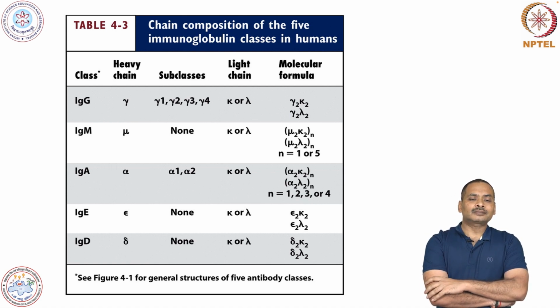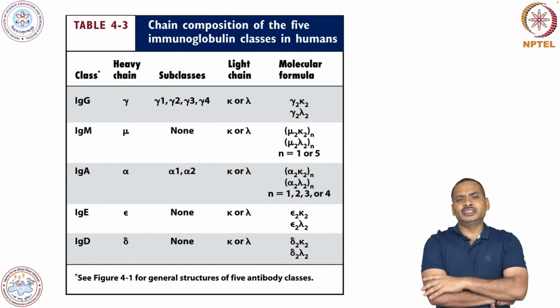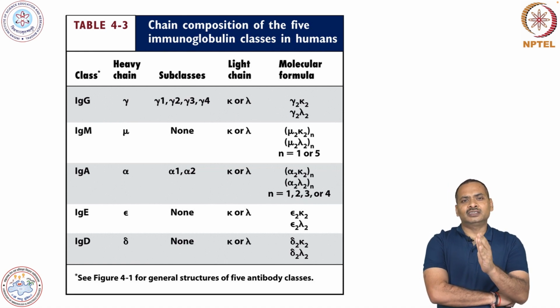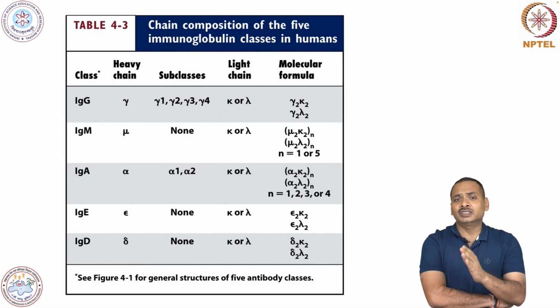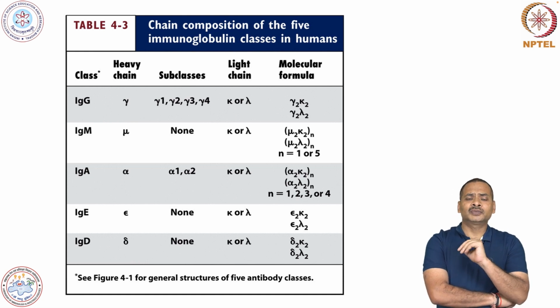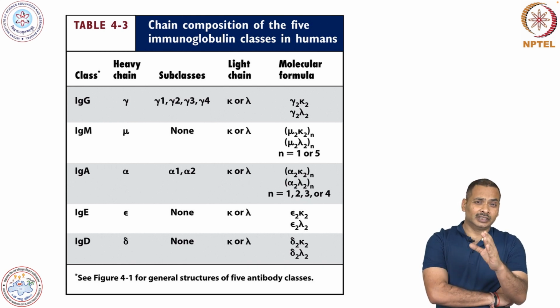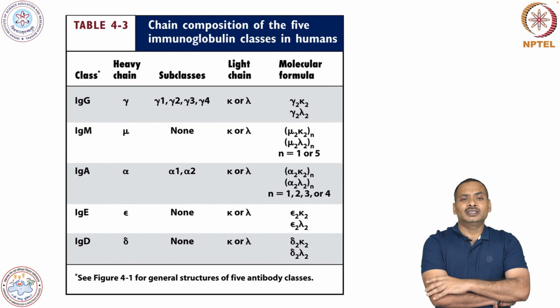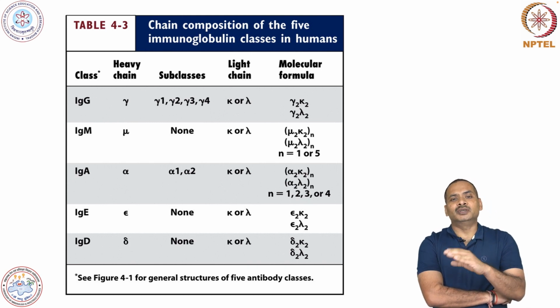These heavy chains can interact either with kappa chain or with lambda chain. So in all classes of antibody, it is either kappa or lambda.